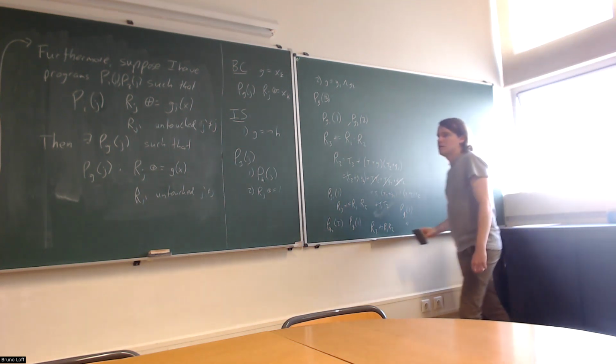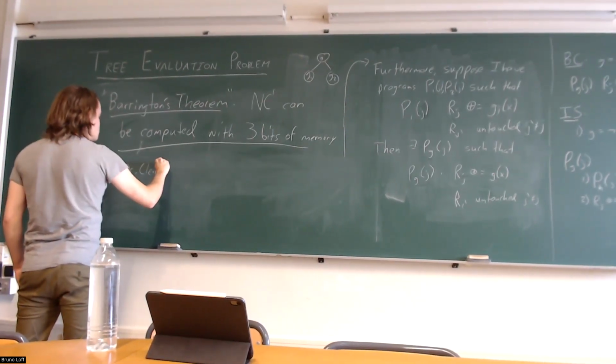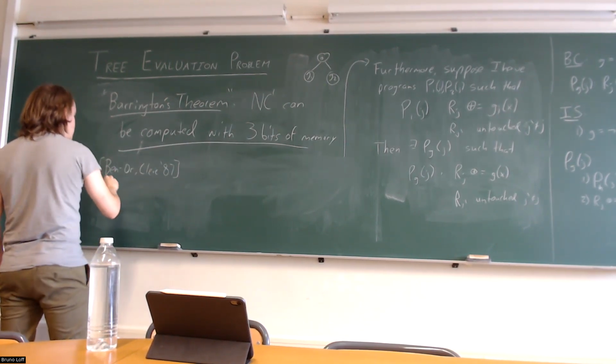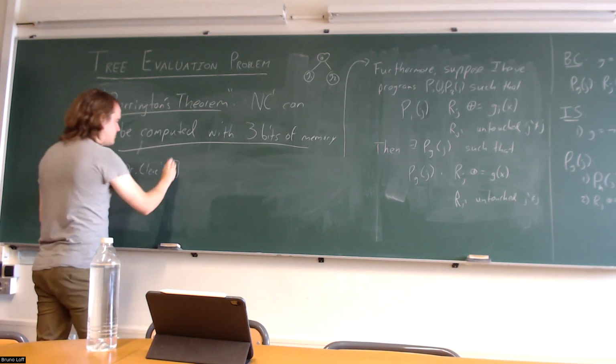And in fact, this approach I said comes from a result of Ben-Or and Cleve, so I just want to mention that. I think the original publication was in the 80s, '87 maybe.